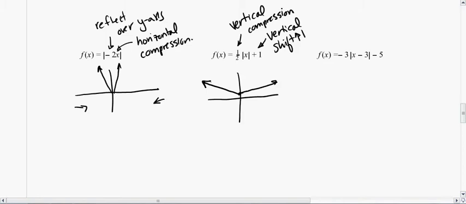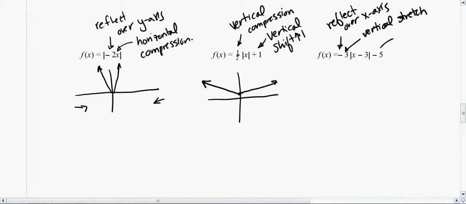And our last example has 3 transformations. Oh, no, 4 transformations. I've got a negation of the entire function. So negation on the outside, that is a reflection over the x-axis. I've got a number that I'm multiplying on the outside, so that number is bigger than 1, which means it's a vertical stretch.